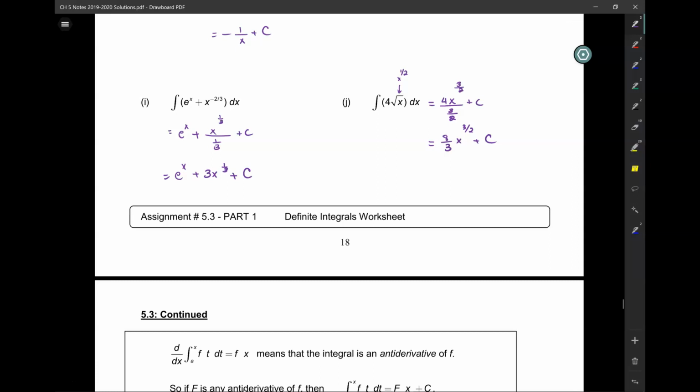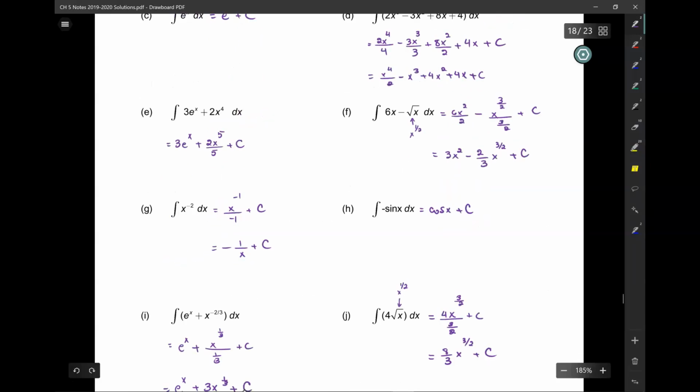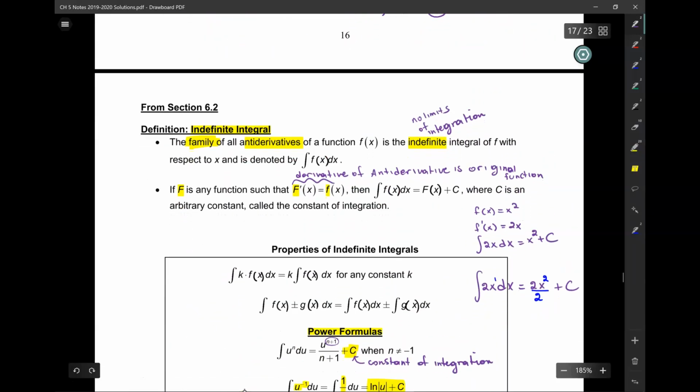So now, if we go back here, I think you'll have a better appreciation of what this sentence was talking about, because this is important for the next section. So if capital F is a function such that the derivative is little f, the derivative of this is little f.